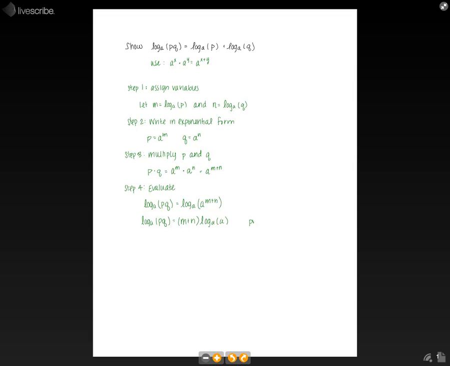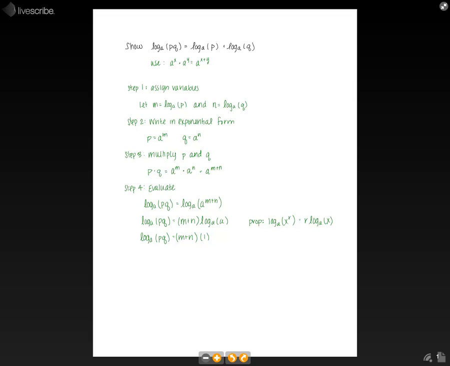So the property we used right here is just that log base a of x to the r is equal to r times log base a of x. We also know that log base a of a is actually just 1. So what we actually have here is log base a of p times q equals m plus n times 1.